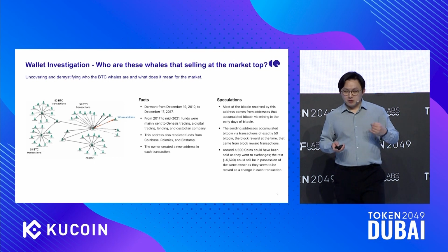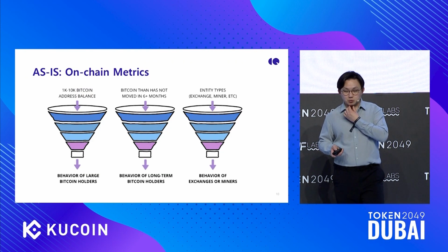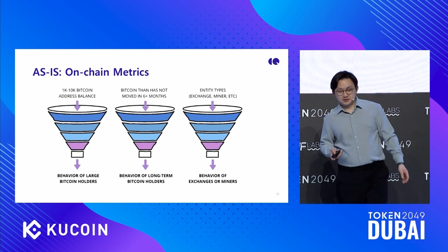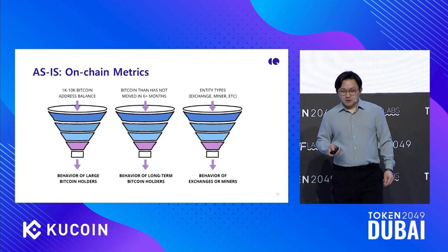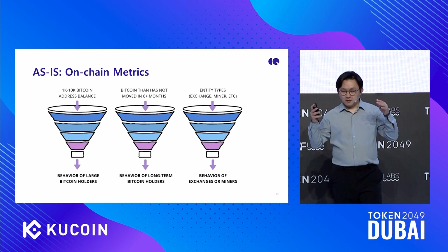We've been investigating those transactions for about 6 years, and now we launched some innovative analytics tools for on-chain analysts. For now, it's hard to see these metrics at a granular level.